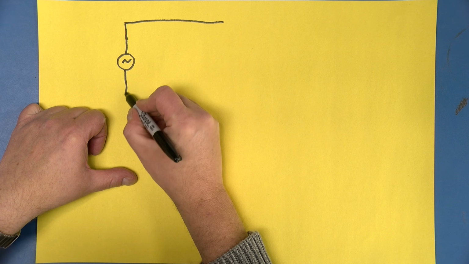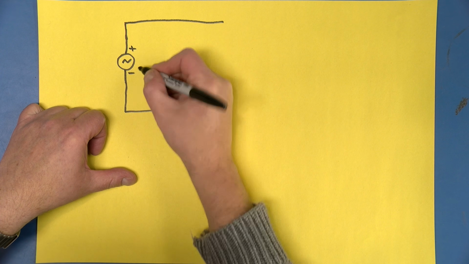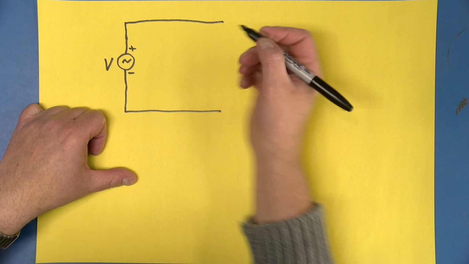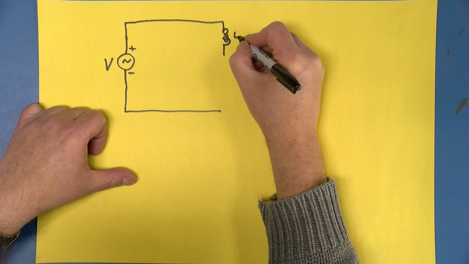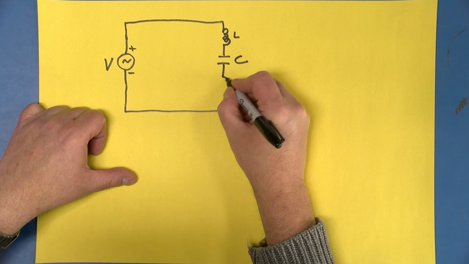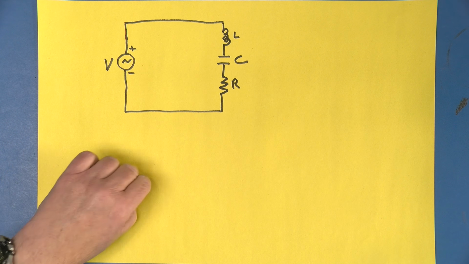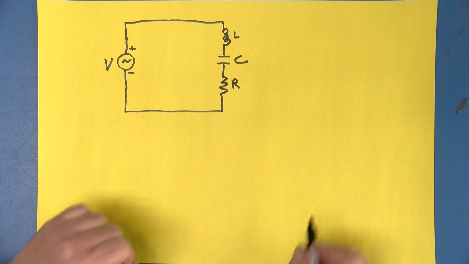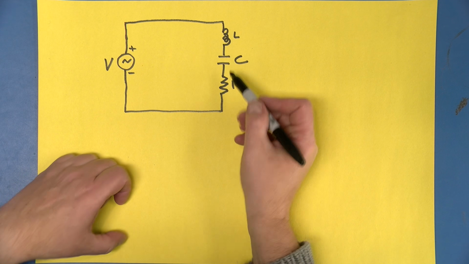And it's something like this. Again, our nice little AC voltage source over here. And what we'll do is have an inductor, L, a capacitor, C, and, surprise, surprise, a resistor, R. And once again, what we're going to do is use all the same values we had before.